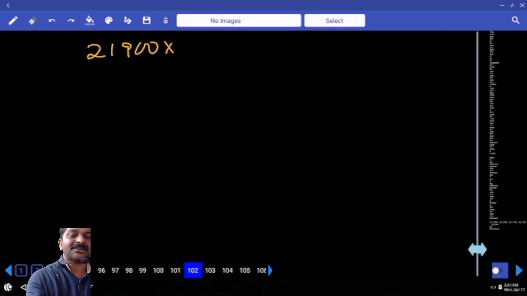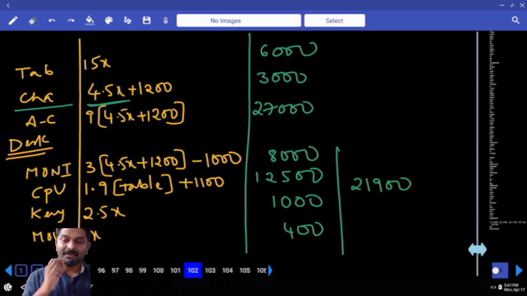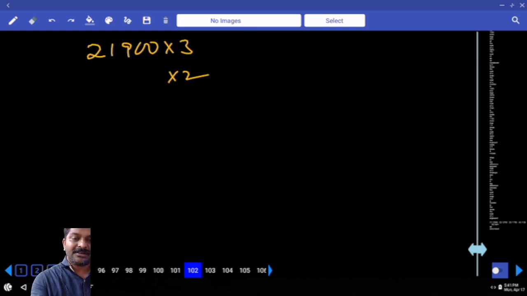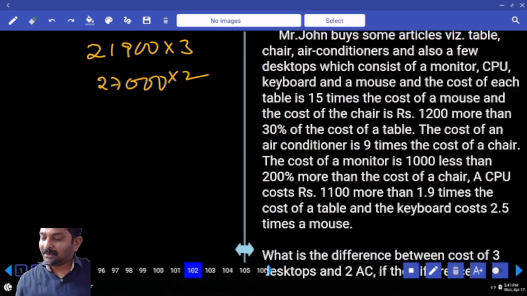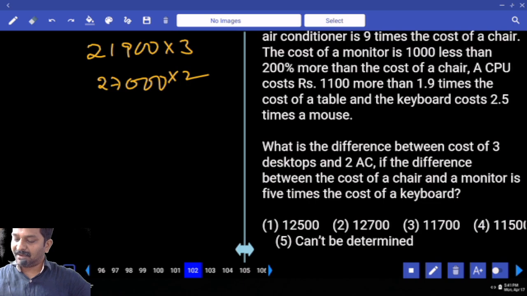3 desktop costs into 3. What was one AC cost? 27,000. 2 ACs cost into 2. Is that okay? Right. Now, instead of adding, let's go and verify. Cannot be determined.